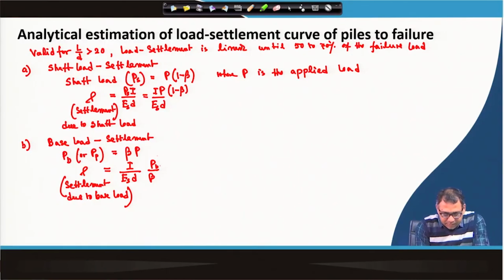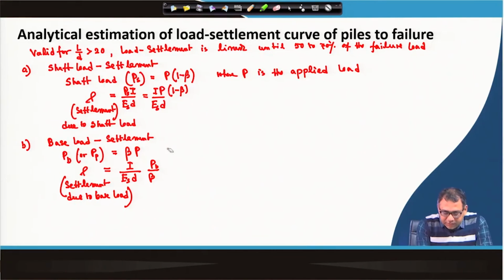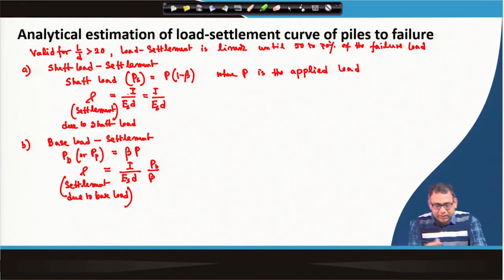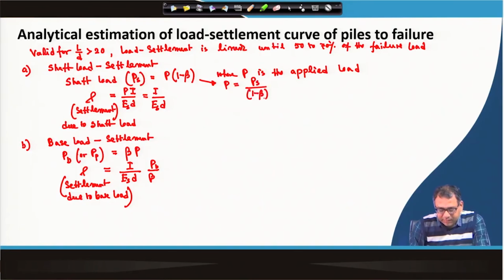So, this line I have to slightly modify. Actually, this is the total load, and that we have to represent by Ps. So, P will be equal to Ps divided by 1 minus beta.